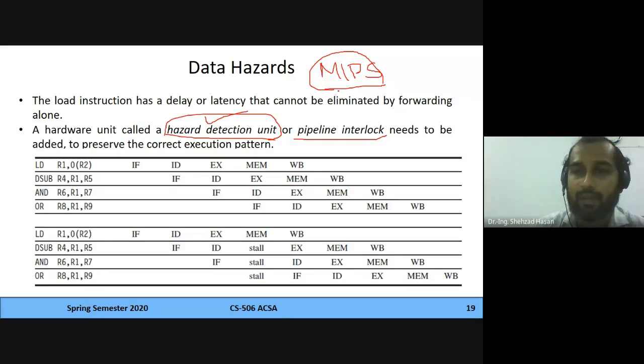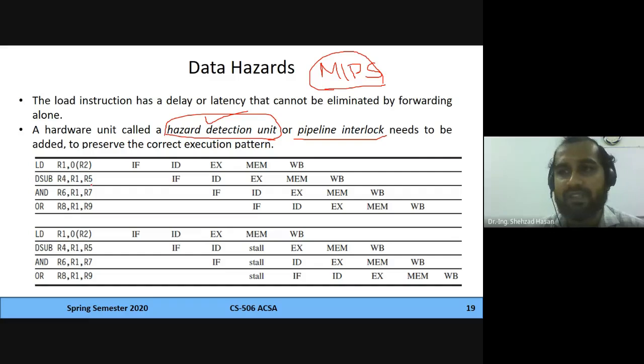So it's the same acronym, MIPS, standing for microprocessor without interlock pipeline stages, but it has a hazard detection unit which can decide at hardware level, at runtime, whether or not to insert a stall. Okay, so I'm going to come to an example here.